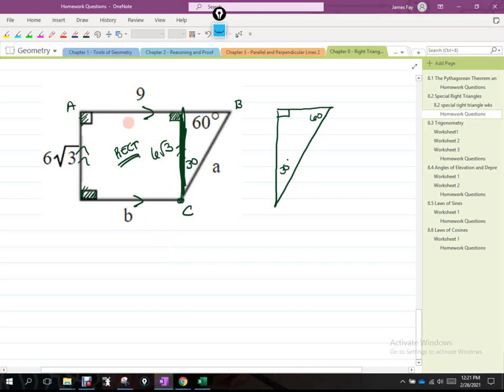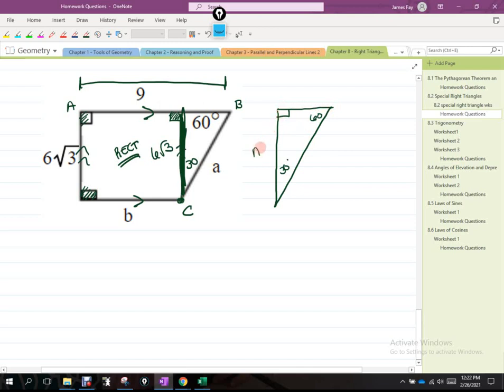Now, B, I don't know that. But it's going to be what compared to 9? 9 is that whole thing. So it's less than 9, but I don't know. So what we're going to do is take this template.